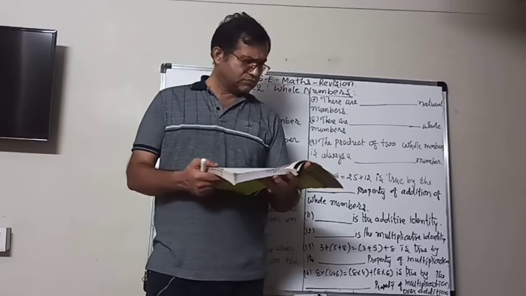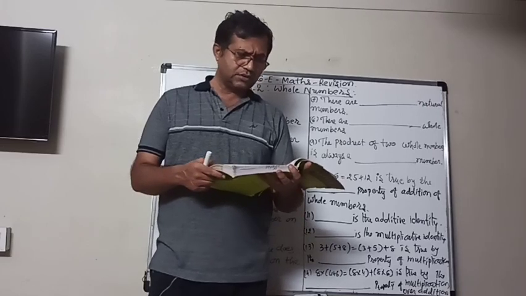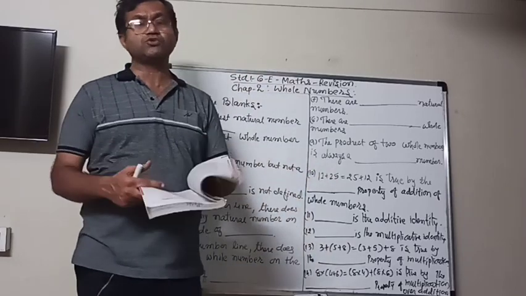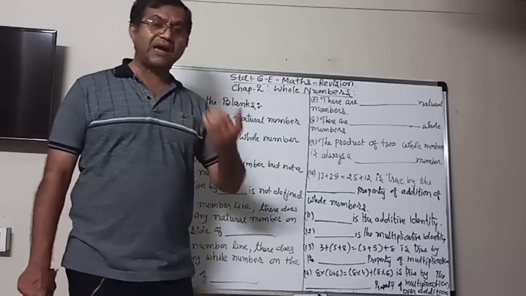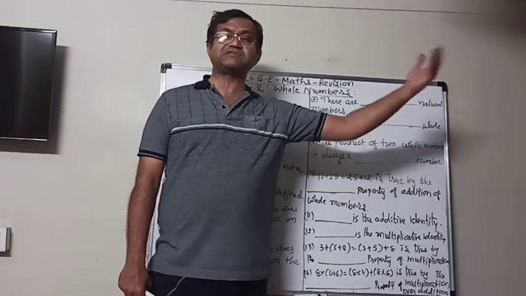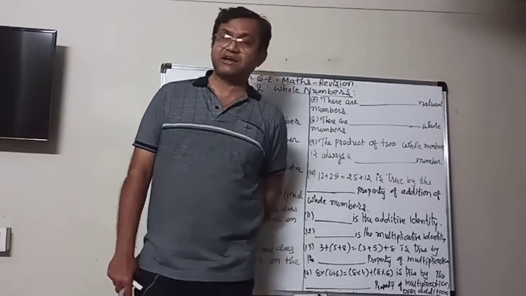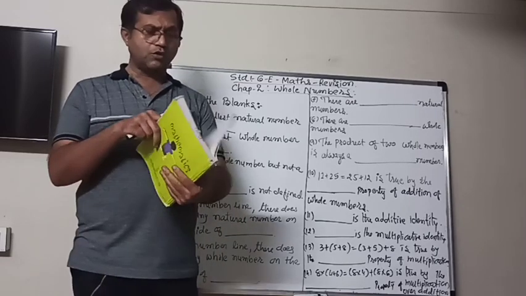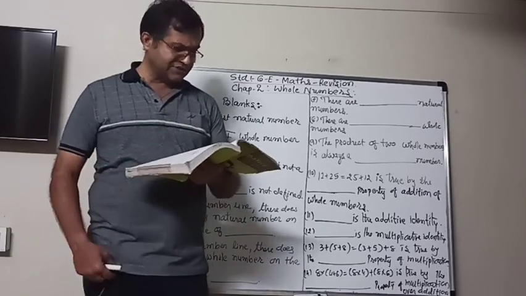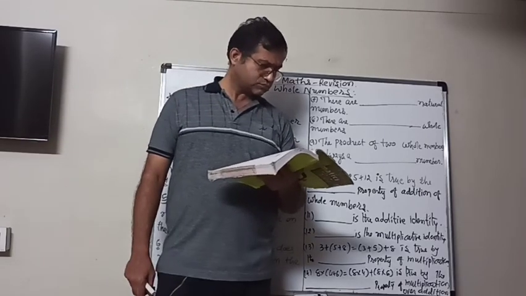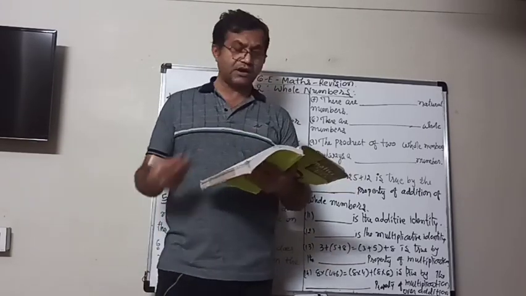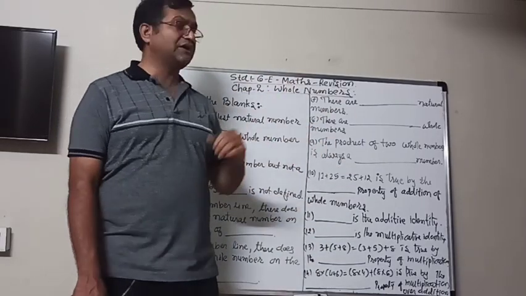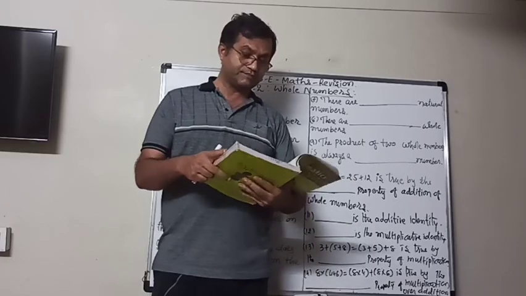So we get the number line, and on the number line we know how to add. When we have to add numbers on the number line, we move towards the right side, and when we subtract, we move to the left side of that number. We already learned this, but we will do some examples as we proceed.